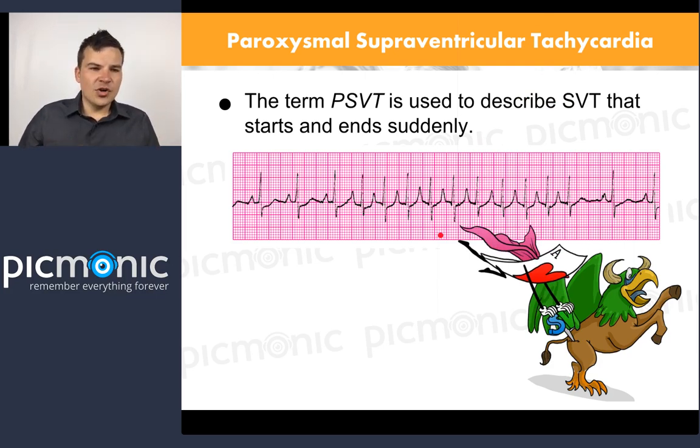So I love this term, paroxysmal. Paroxysmal supraventricular tachycardia. Wow, what a fun word, right? Say that 10 times fast. Paroxysmal supraventricular tachycardia, or PSVT or SVT. PSVT means paroxysmal. That means that it's transient, right? Just like my thought right at the moment.